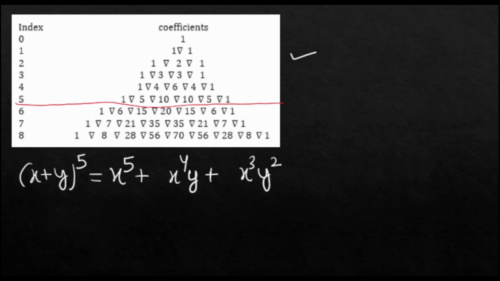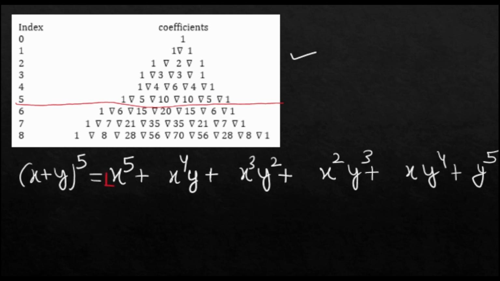As you know, the power of x decreases as it goes on, while the power of y increases. And leave spaces for the coefficients. Now I am using the row of index 5 for the coefficients.